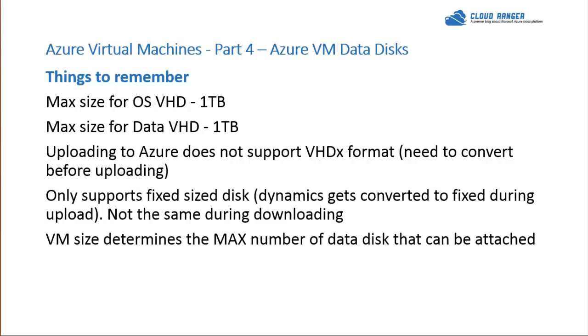If you remember the little portal that I asked you all to bookmark, where you can see the details of different sizes and what they can do, that information is there, saying how many data disks can be on that size of VM. So you cannot have a small size VM and attach 10 data disks to it. No, you probably need an A3, A4, A5, one of those larger ones where multiple data disks can be attached.